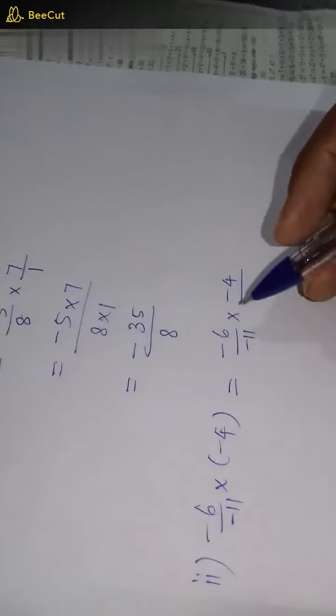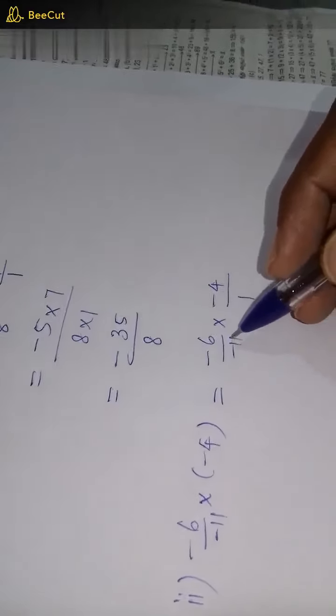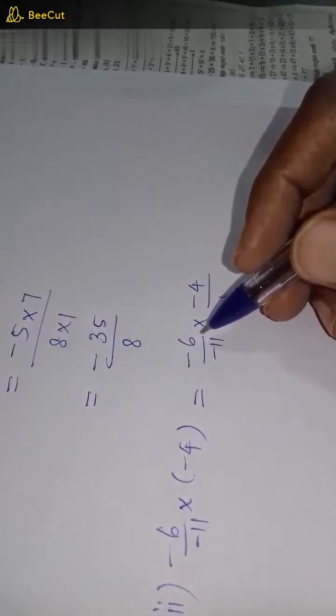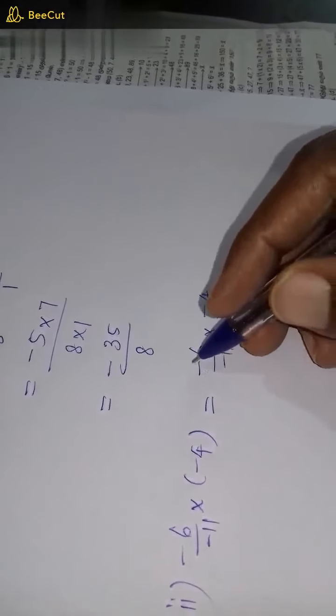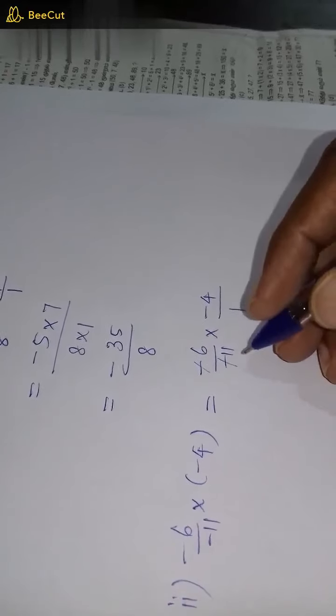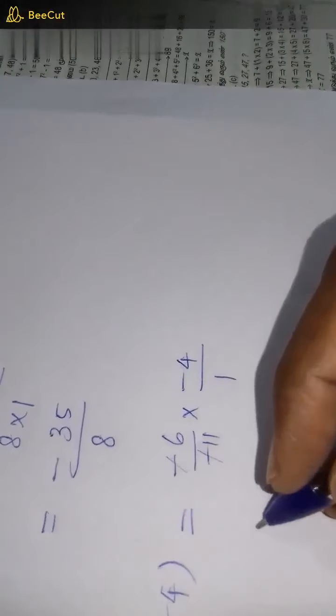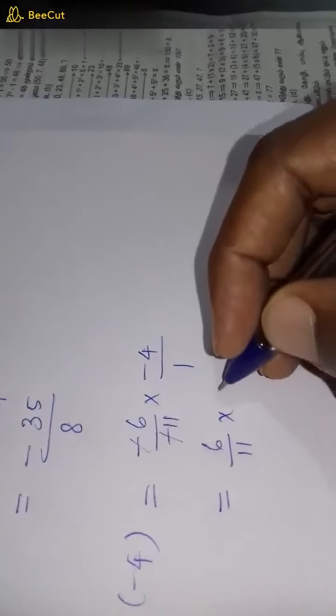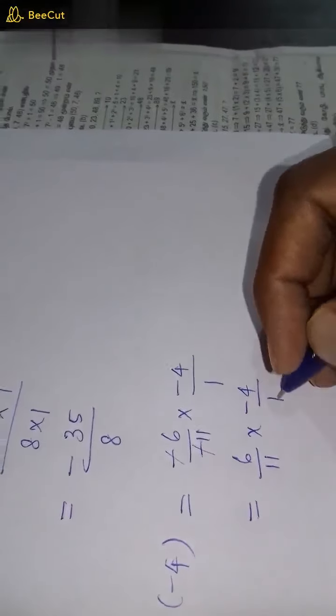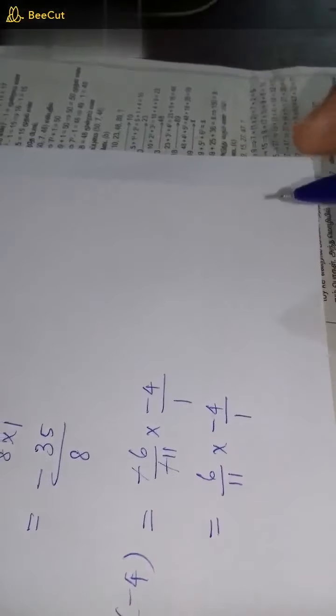Now, my dear students, since the first number contains a negative sign in the numerator and denominator, we can cancel these two minus signs. Therefore, you will be getting like this: 6 by 11 into minus 4 by 1.